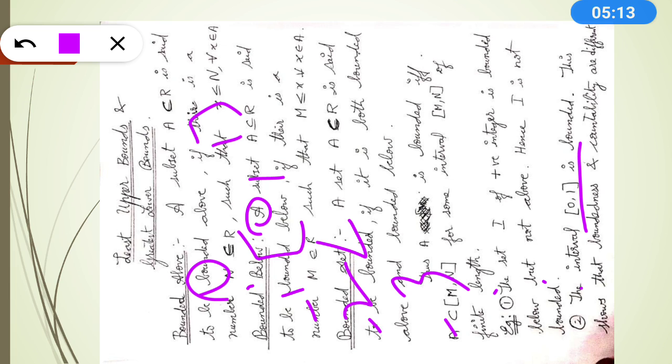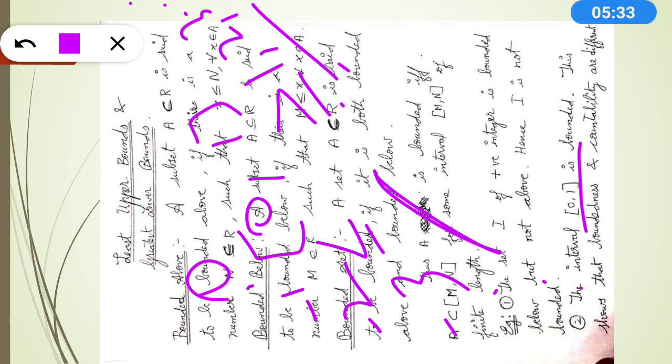If I include 0 also, then it will be less than or equal to. Similarly, I can find infinite number of terms which are greater than or equal to, for example, 1, 2, 3, etc. So it is both bounded above, okay, as well as bounded below. Okay, since 0, 1 is both bounded above and below, I can say it is a bounded set.